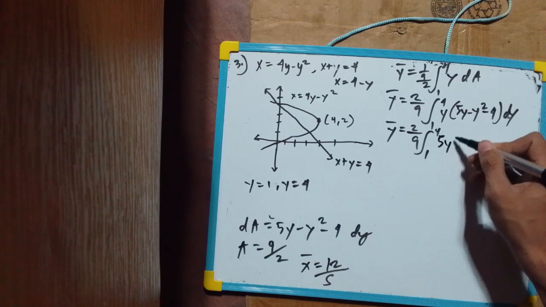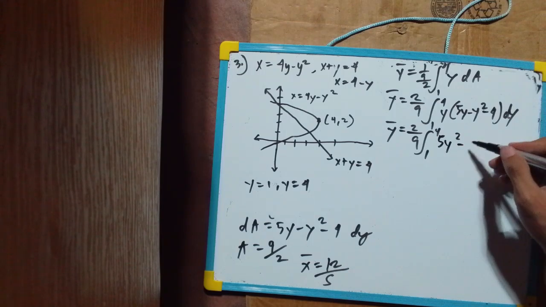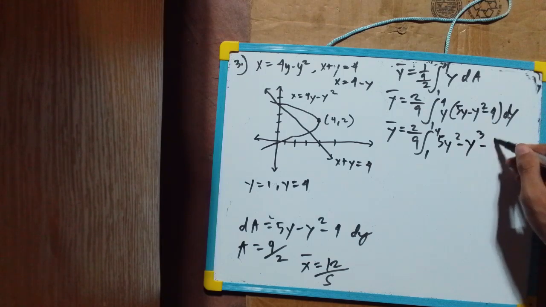This results in 5y squared minus y cubed minus 4y.